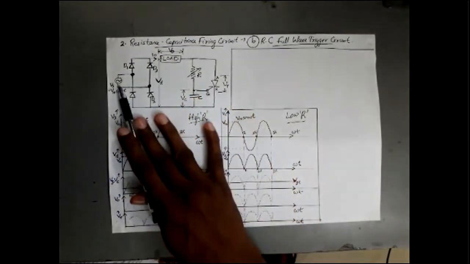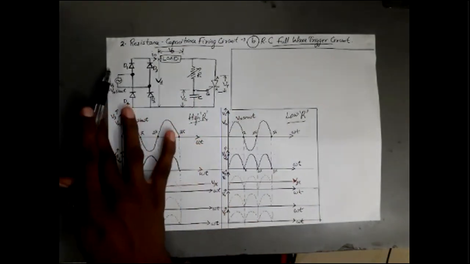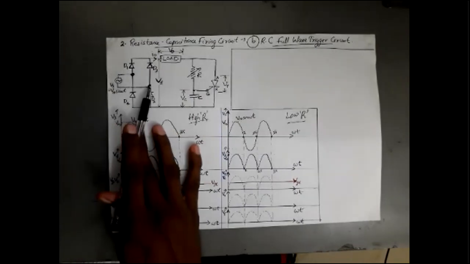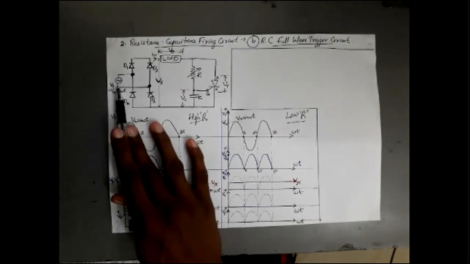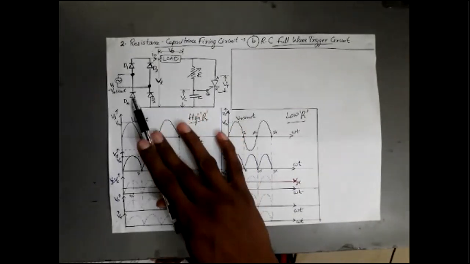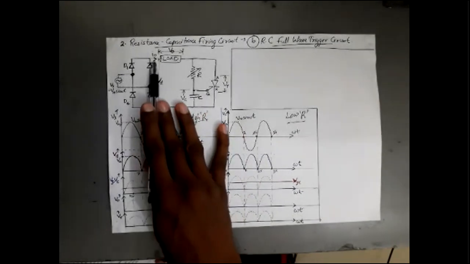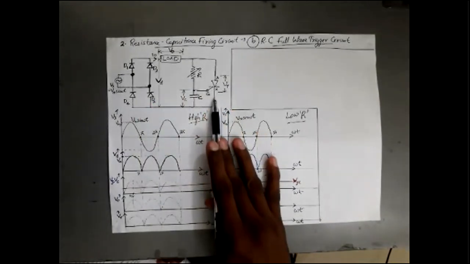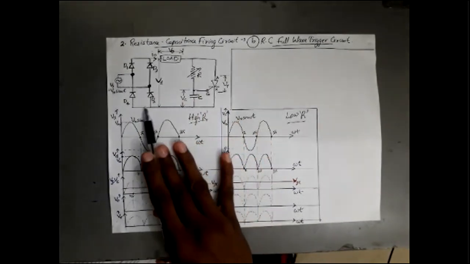During the negative half cycle, this side becomes positive and this side becomes negative. The positive of Vs is connected to D3, and the negative of Vs is connected to the cathode of D4. So D3 and D4 conduct during the negative half cycle. The current path is from Vs to D3, to the load, through the thyristor, and it reaches back to Vs through D4. I hope the path is clear to you.